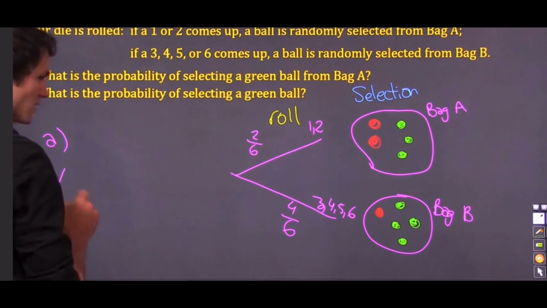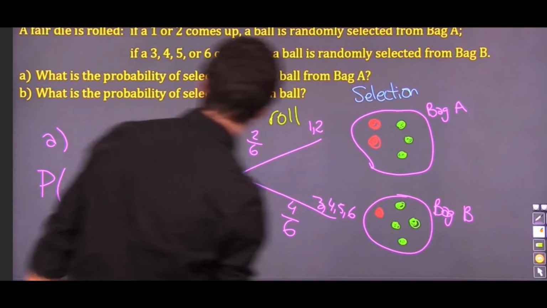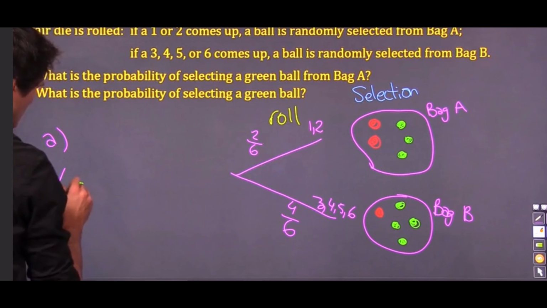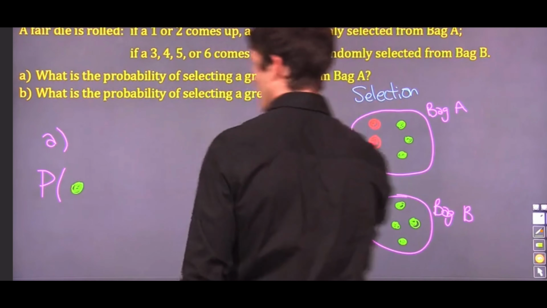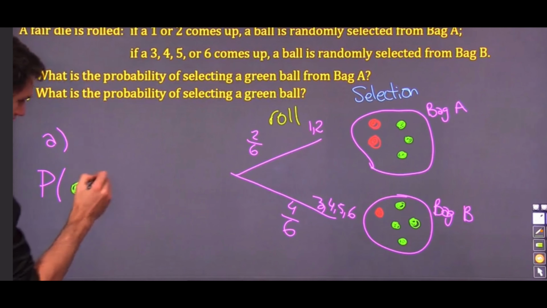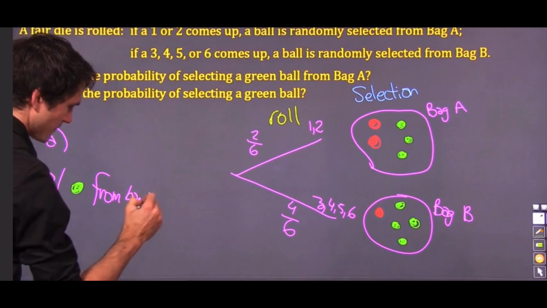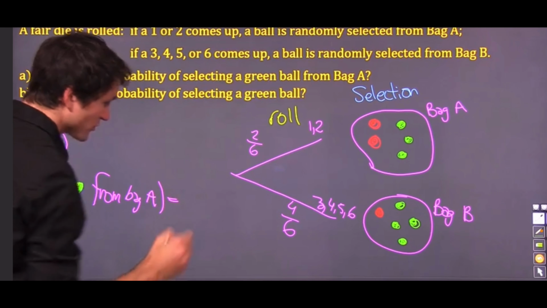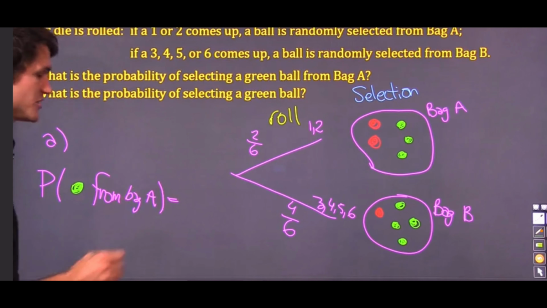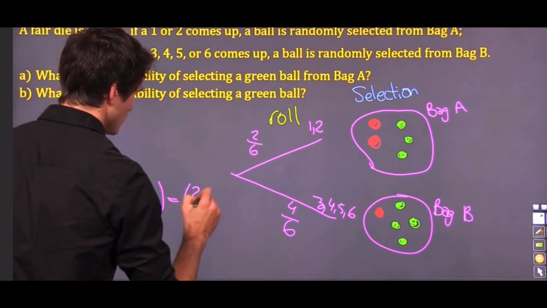So, let's say green ball. The probability of selecting a green ball from bag A: first I have to roll a 1 or a 2, which happens with probability 2 out of 6.